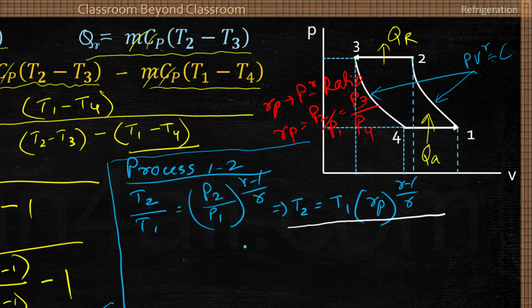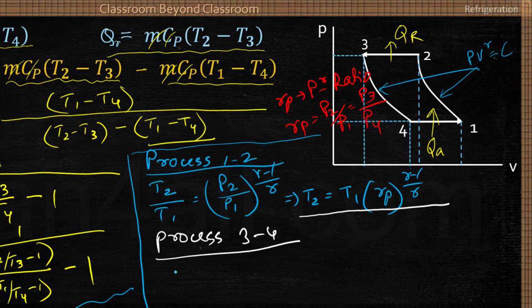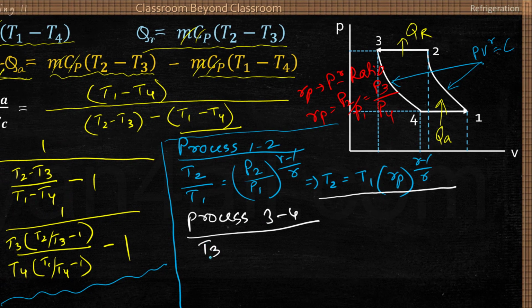What is the process 3-4? Process 3-4 is also an isentropic process. So if we apply the same law, that means T3 divided by T4 is equal to P3 divided by P4 all to the power gamma minus 1 divided by gamma.